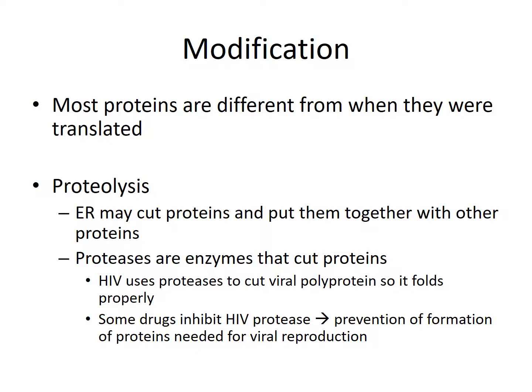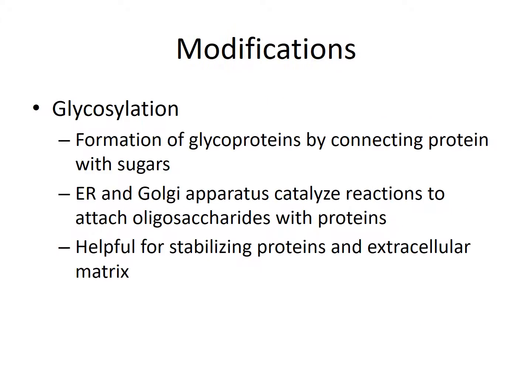And an example that the book gives us is something that HIV does. HIV is human immunodeficiency virus, and it's going to use something called proteases to cut viral polyproteins and make more little HIV viruses. Well, some of the drugs that we use inhibit this protease from the HIV and help prevent that spread of the HIV virus throughout the body and throughout other cells and to other people.